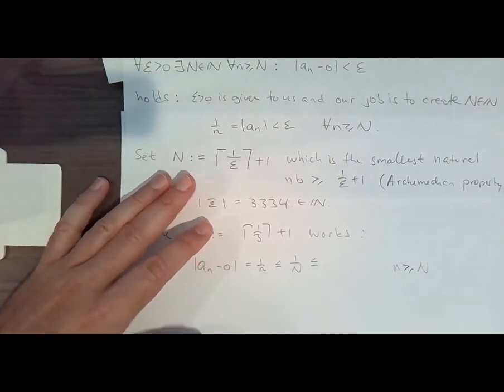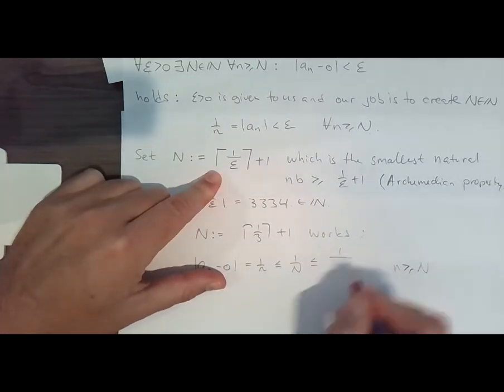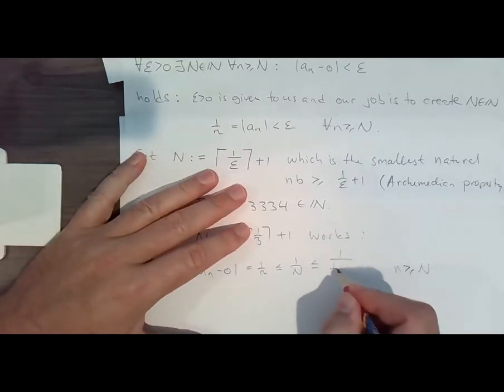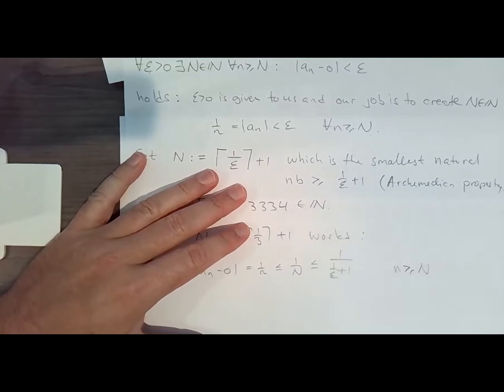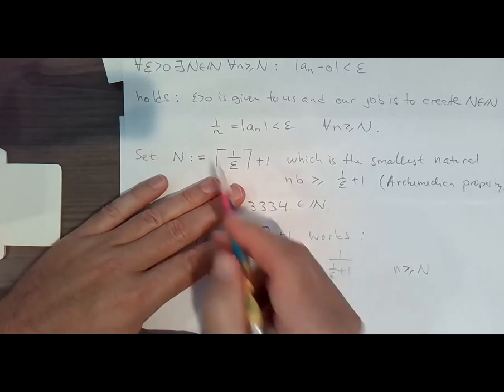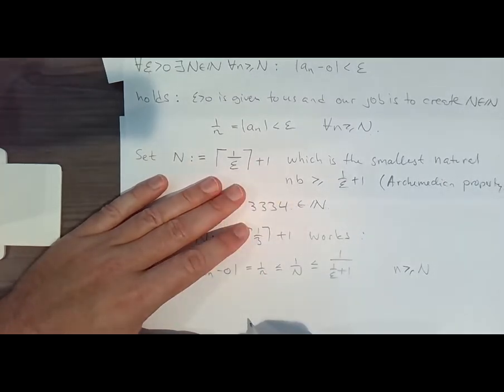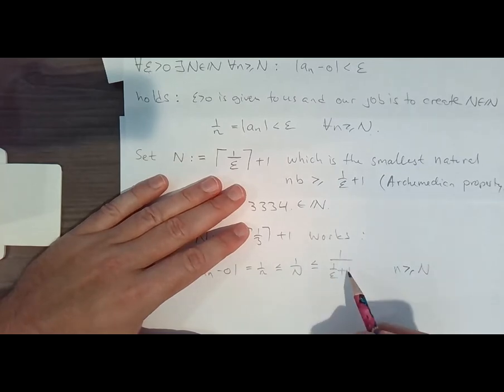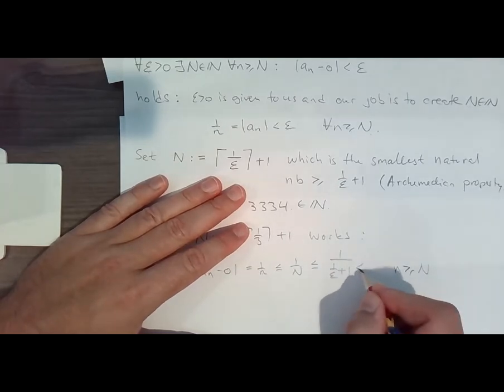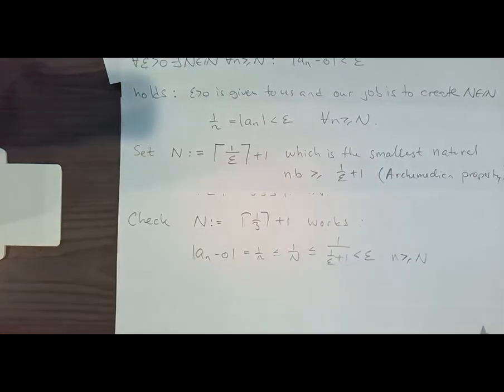And if I divide by 1 over epsilon plus 1, I'm going to get a smaller number, right? Because n here was bigger than or equal to the number on the right-hand side. And then I can throw away the 1, and I'll get that this is less than epsilon.